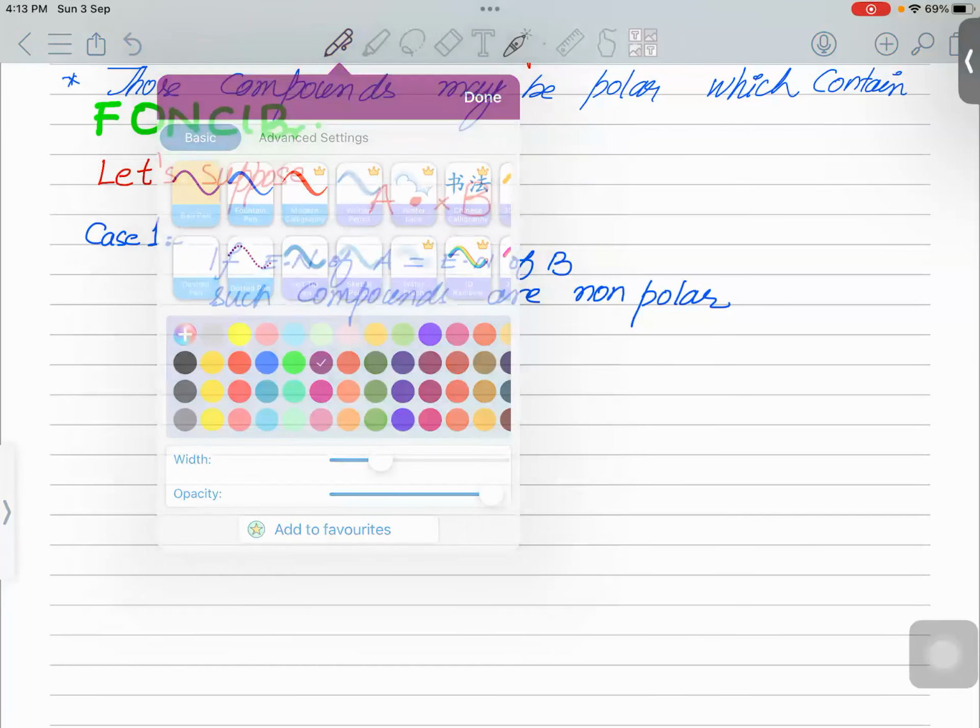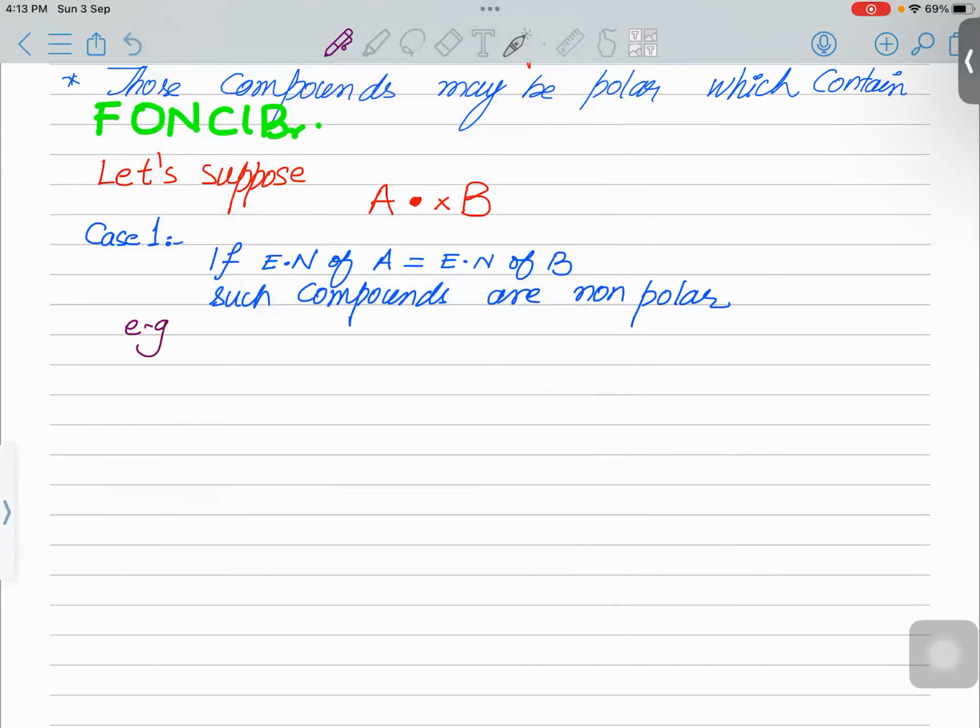For example, chlorine. Now, can you tell me either they are polar or non-polar? Chlorine, Cl2, is polar or non-polar?